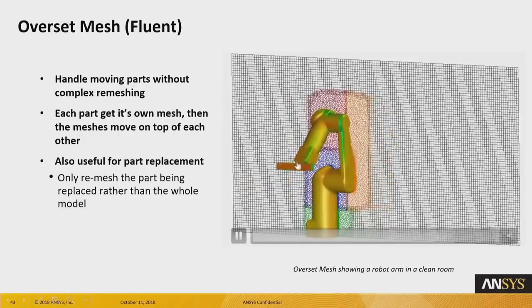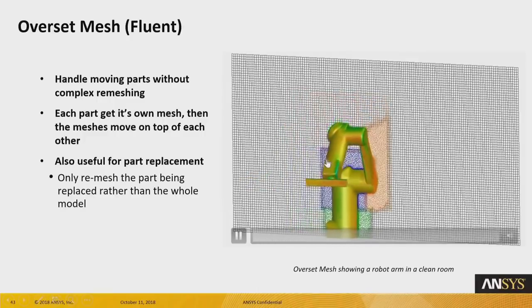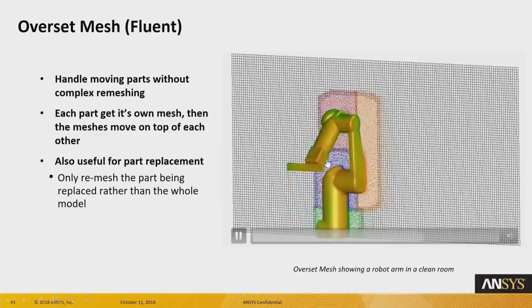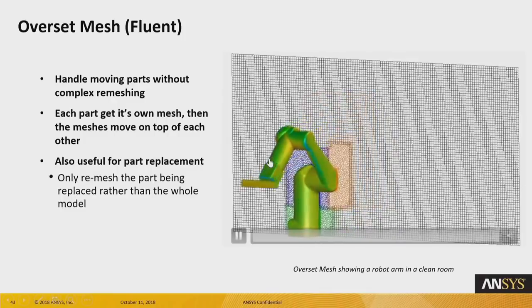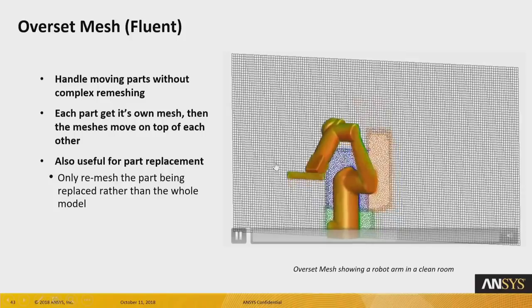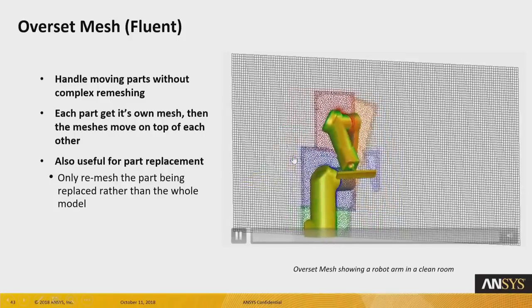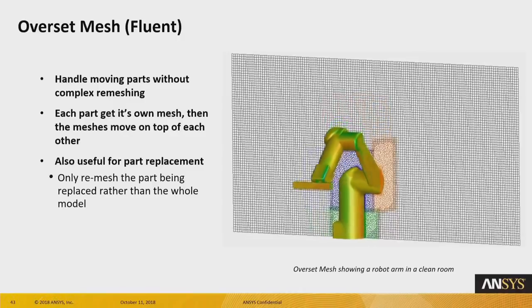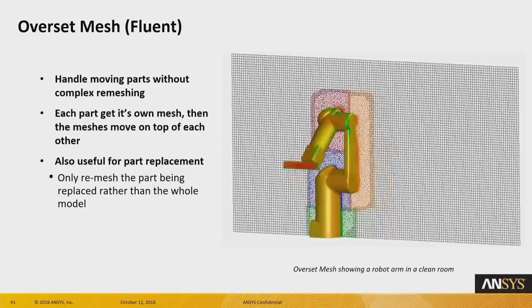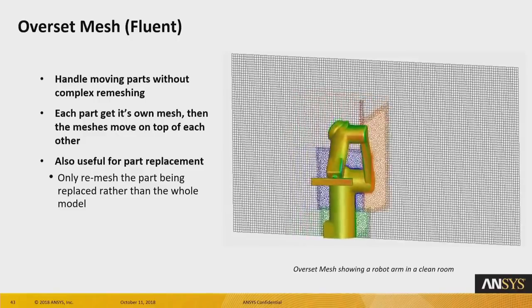So if you were to just take this front portion of the robot and replace it, all you have to do is take away that component, generate the new geometry in that area only, put the component back, and continue solving. So you immediately have a new solution, even though your geometry is completely modified in some region.